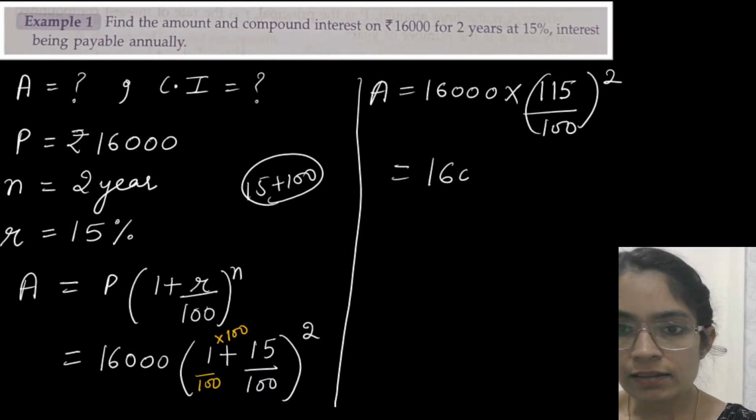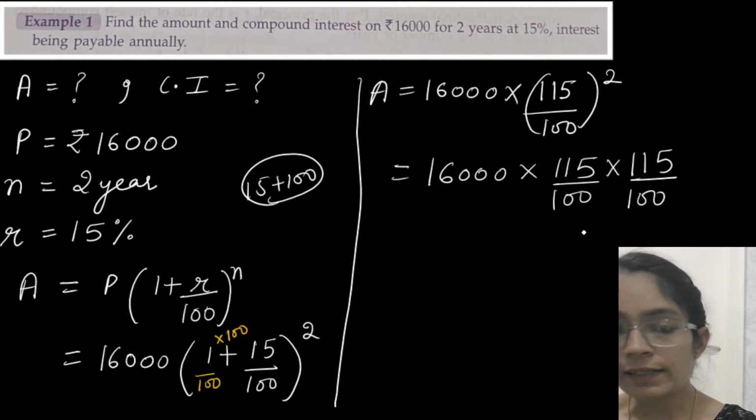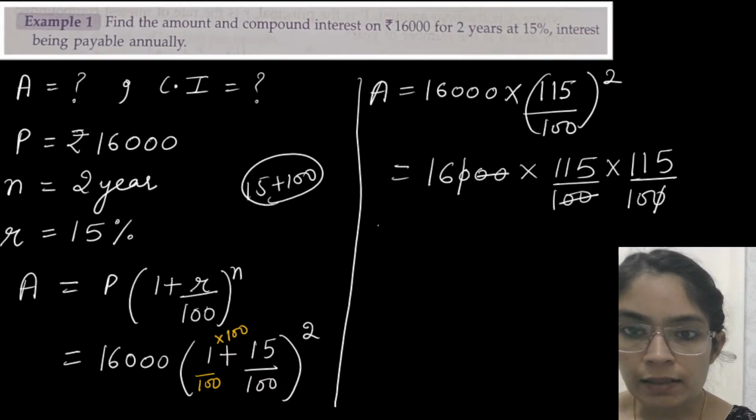So 16,000 into 115 by 100. Two times means I have to multiply 115 by 100 two times. So zeros you can cancel. Here 2 zeros with this one, 1 zero with this 100 we can cancel. Remaining everything you can multiply.